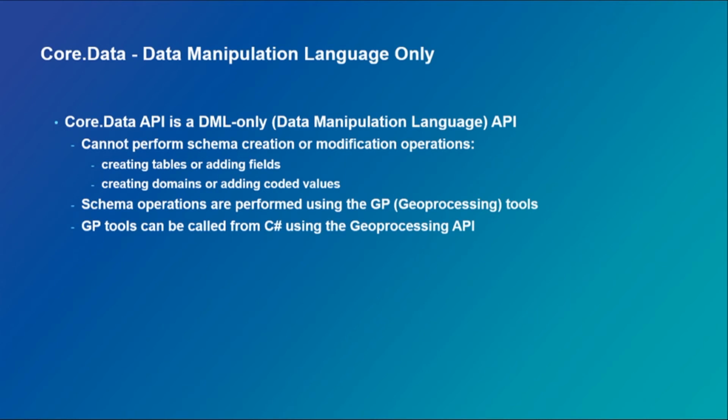So if you're writing a C# program, you can call out to the geoprocessing API and run the GP tool through the environment that way. If you have a standalone app, you can actually shell out and run from Python. Another one of the guiding principles behind all of this is we wanted to provide one way to do one thing, if we can, and not provide multiple ways to do the same thing.